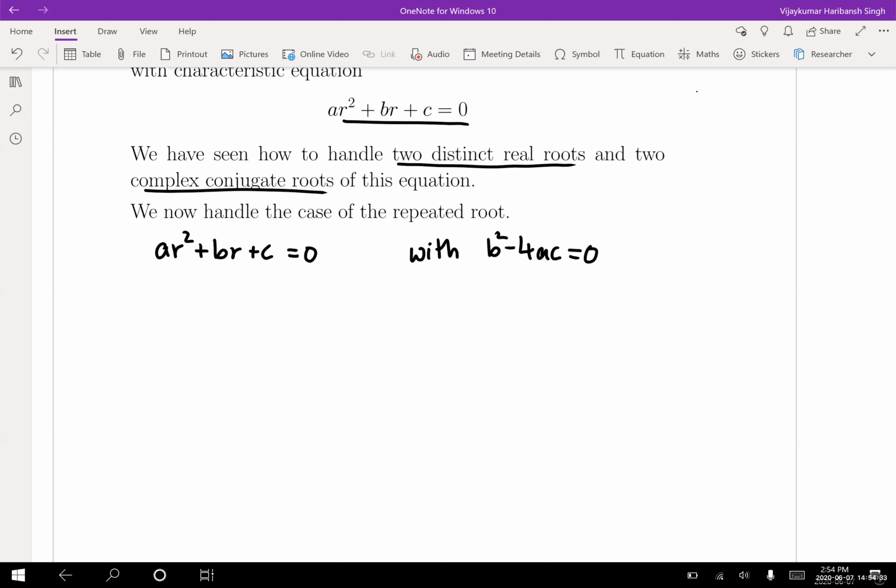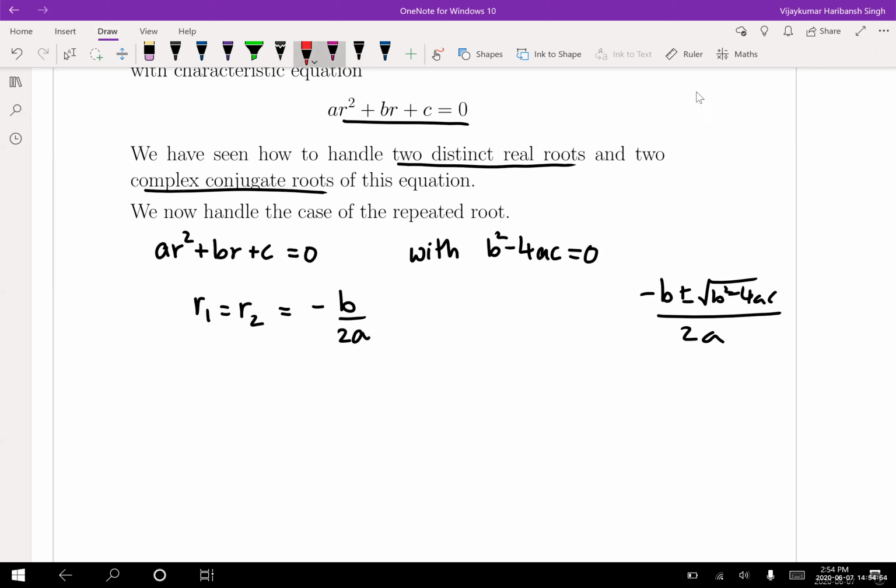So now we want to handle this case. Note that in this case, we'll have r1 and r2 both equal to -b/2a, because the solution is given by plus or minus the square root of b^2 - 4ac over 2a, and this part is equal to 0. So one solution is e to the power -b/2a t.